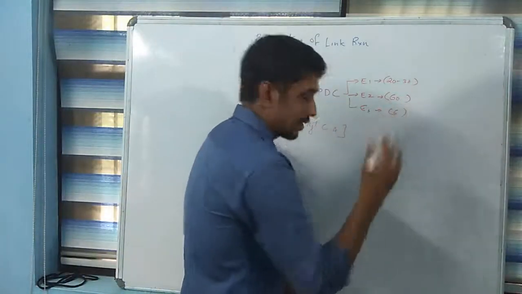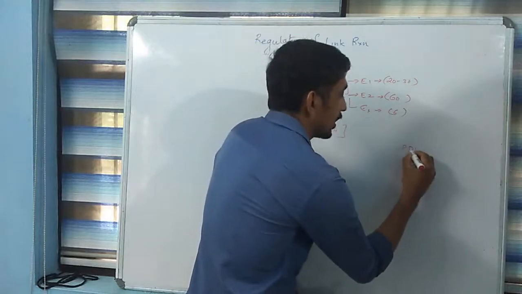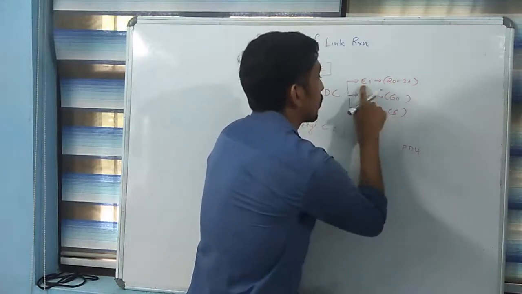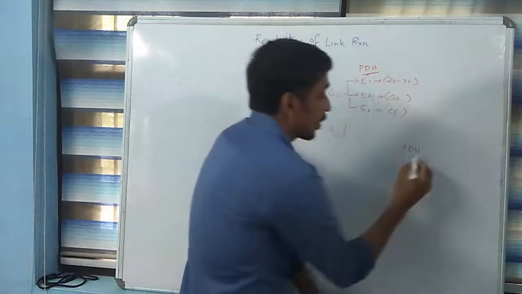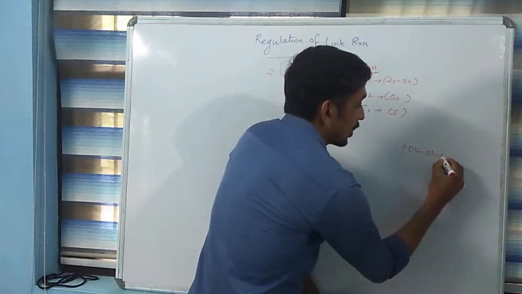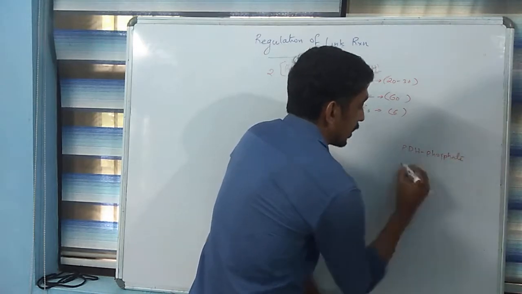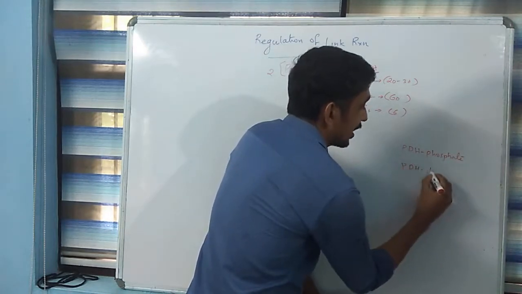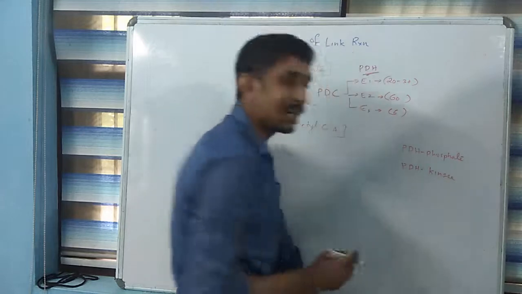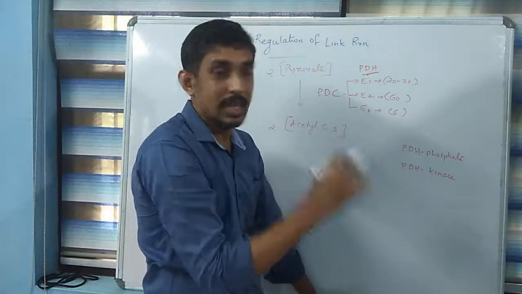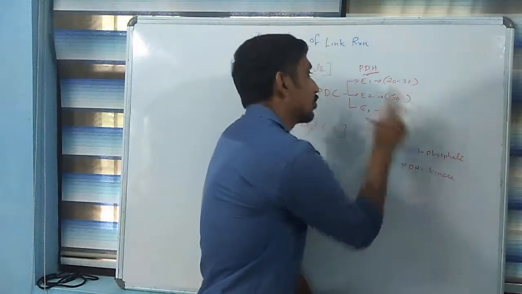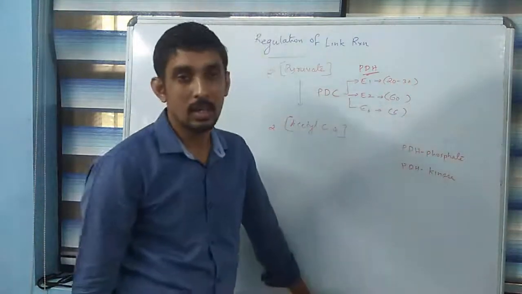Here we need to study 2 enzymes: pyruvate dehydrogenase phosphatase and pyruvate dehydrogenase kinase. Enzyme 1 is called pyruvate dehydrogenase. These are the 2 main enzymes which regulate the Link reaction, especially the first enzyme of the Link reaction.